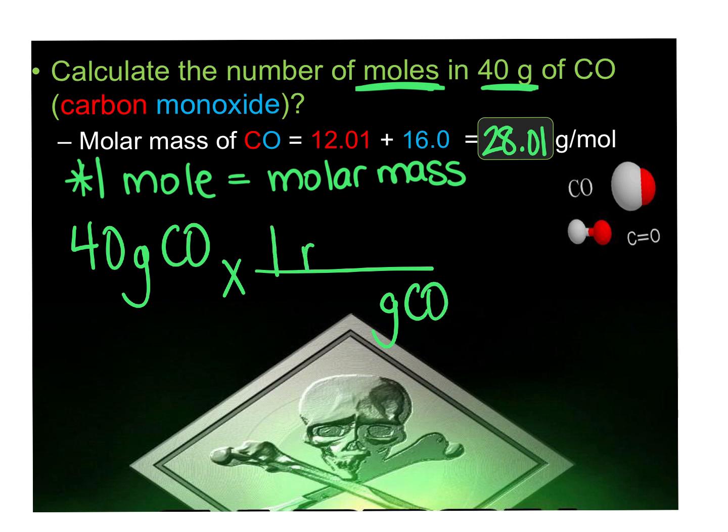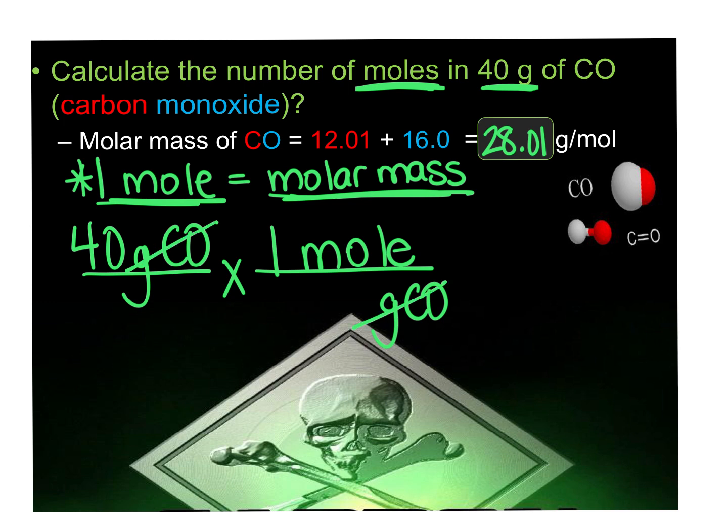We are given 40 grams of carbon monoxide, but we don't want grams of carbon monoxide anymore. We want to find out how many moles we have. And we know 1 mole is equal to the molar mass. So this relationship right here, we're going to put in our conversion factor. We put grams of carbon monoxide on the bottom because we want that to cancel out. And we're going to take our molar mass, because 1 mole is equal to that many grams, and put it on the bottom.